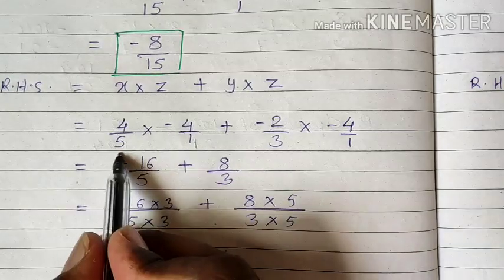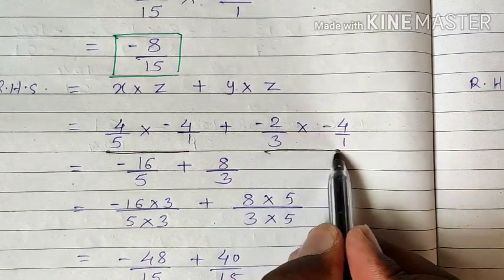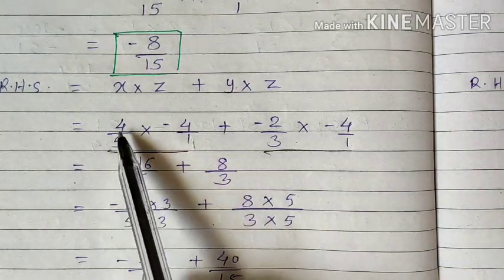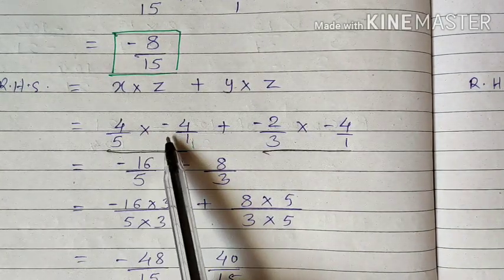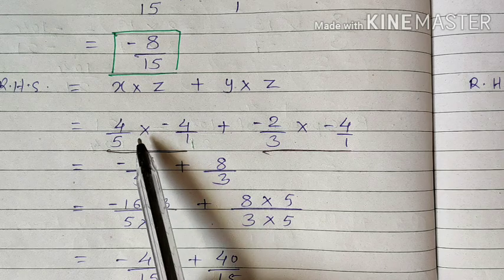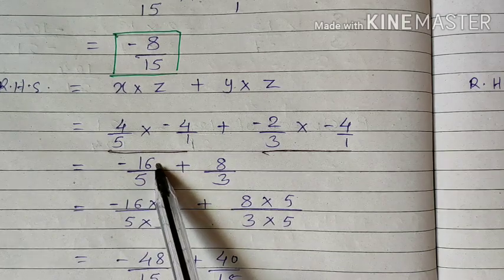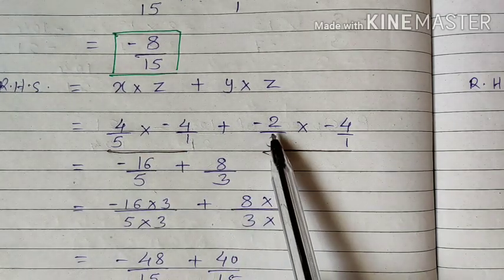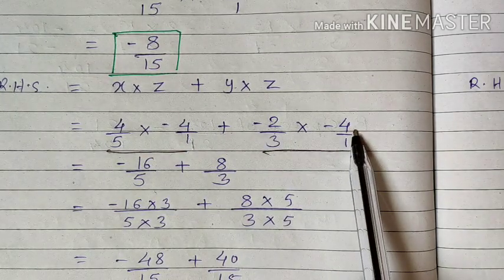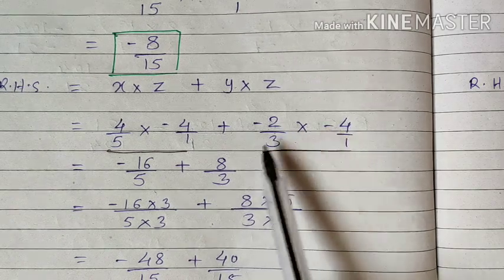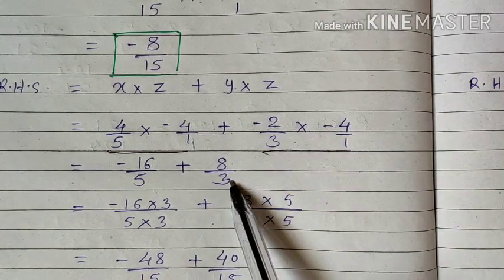First we are going to solve multiplication and then we proceed for addition. Always we will do multiplication first. Okay. 4 into minus 4 becomes minus 16. 5 ones are 5. Minus 2 multiplied by minus 4 is positive 8 upon 3.